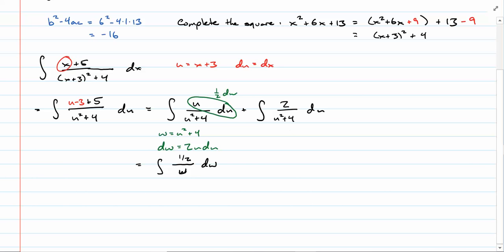The other integral, you see, that same kind of substitution would not work because I don't have the u up here in the numerator, but we do have a formula, right? We're going to use that inverse tangent formula. The integral of 1 over x squared plus a squared dx is 1 over a inverse tangent of x over a.